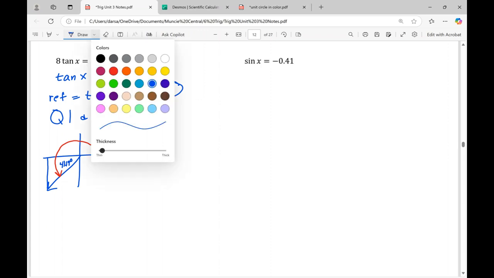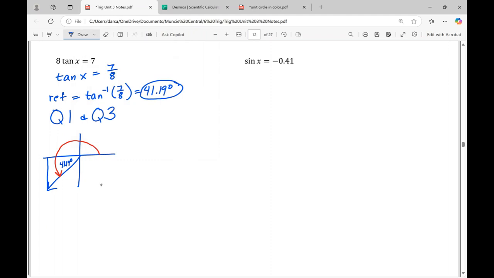So to get to our second angle, we're going to take 180 degrees and add the 41.19 degrees. And that will give us 221.19 degrees is our second angle.